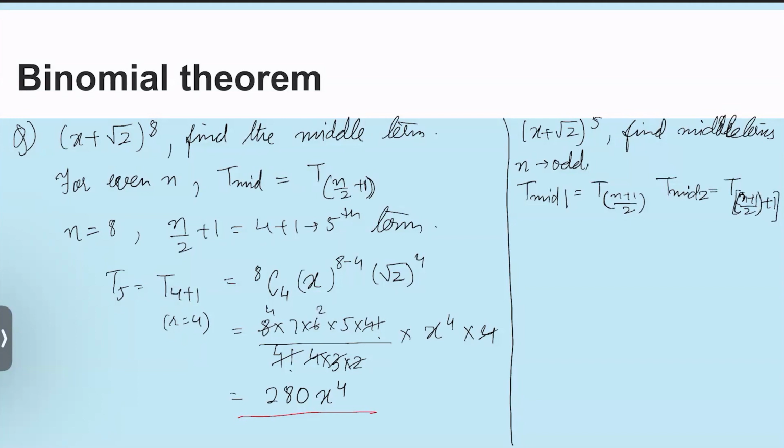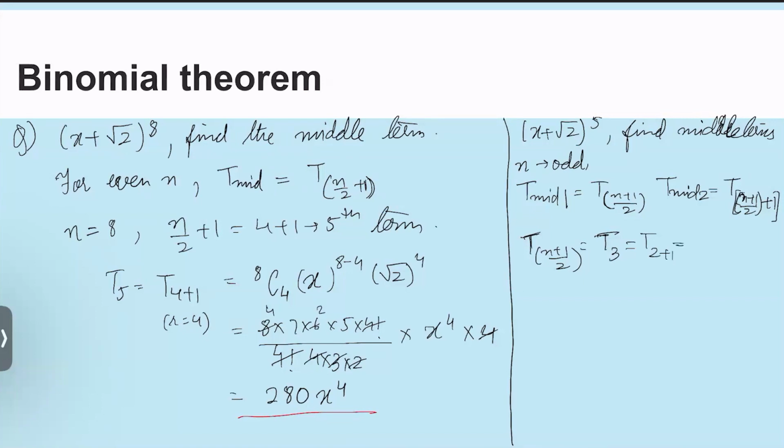So let's first find your t (n plus 1) by 2. Your n is 5, 5 plus 1 is 6, 6 by 2 is 3, so T3. So this is going to be T2 plus 1.